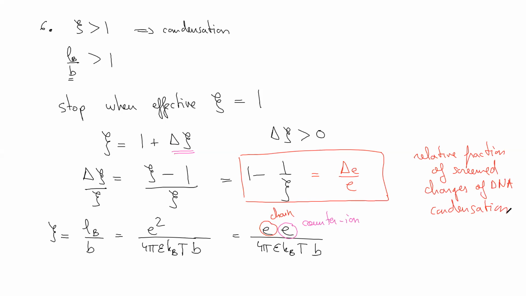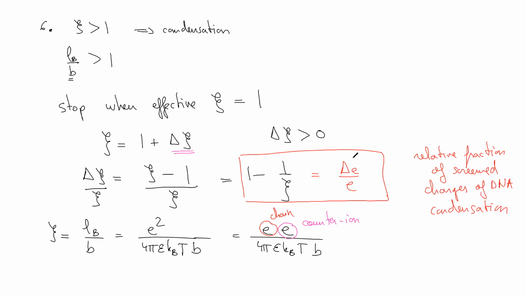So it means over all the charges that you have on DNA, since there is a massive condensation of ions on it, I'm reducing the charge on DNA, and the amount of reducing is delta e over e. It's 1 minus 1 over Xi. So it's 0 when Xi equals 1, strictly, but as Xi becomes bigger than 1 it is non-zero.